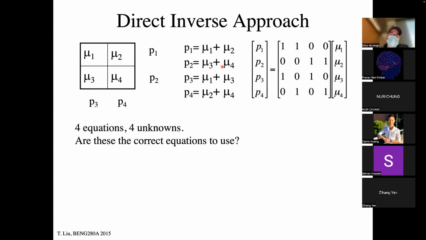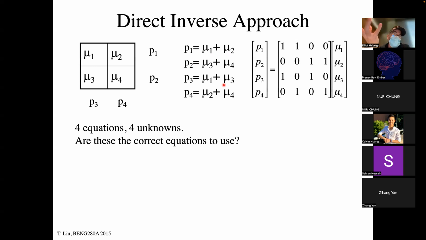P2 is mu3 plus mu4, right? P3, mu1 plus mu3, etc. So I'm just integrating through those pathways. So now I have 4 unknowns that I have to solve for, which are mu1, mu2, mu3, and mu4. If I have those, I've got my picture, right? What I've been handed by my scanner is the data P1, P2, P3, and P4, right?